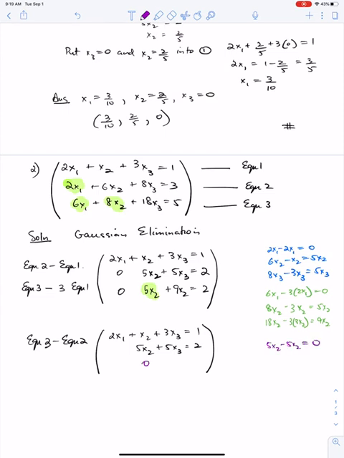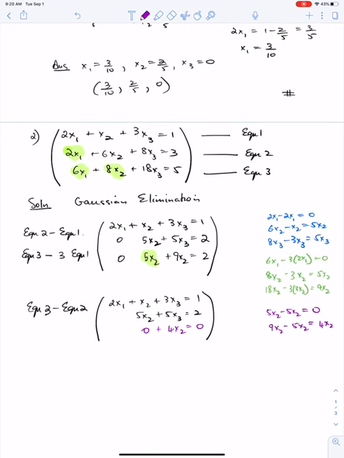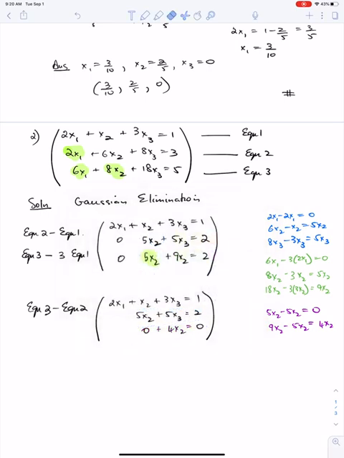That was the whole point. 9x2 minus 5x2 is 4x2, and 2 minus 2 is 0. Now look at this system. We have it in that nice format, don't we? The format where we can do back substitution and finish it off like the previous one.